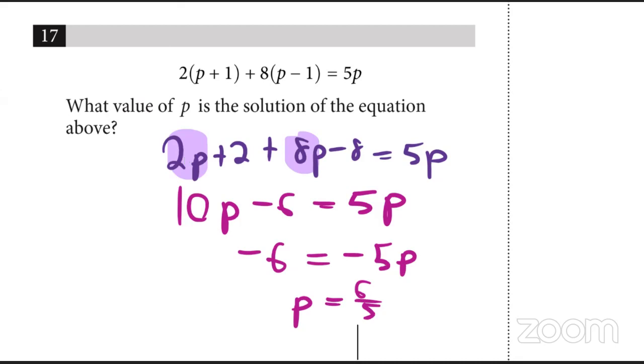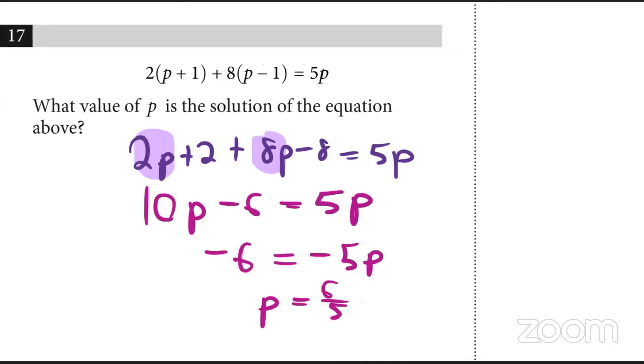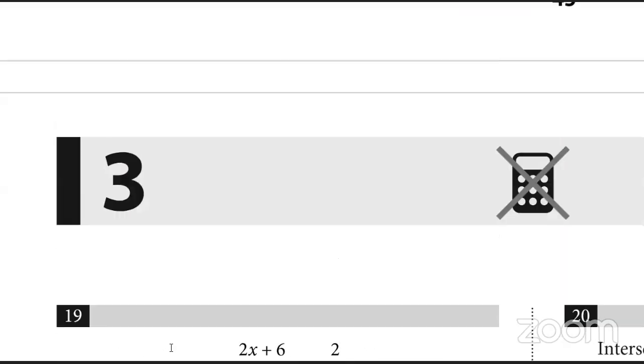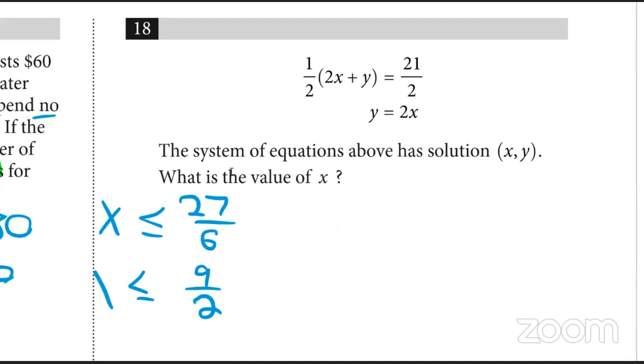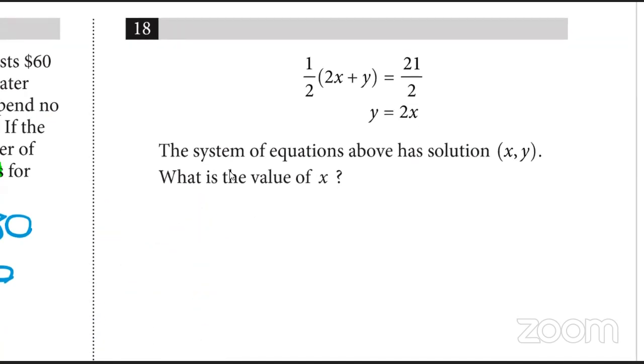Now let's try number 18. So this system has a solution xy. What's the value of x? So we said we want to get both in the y equals format and set those equal.